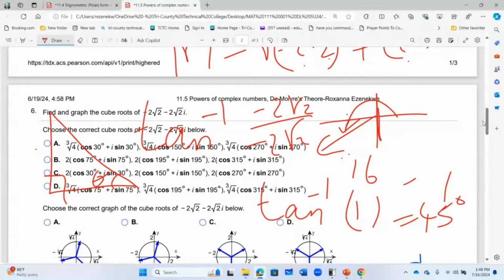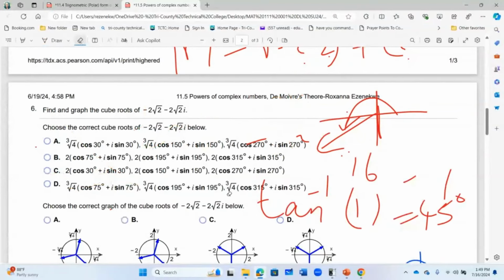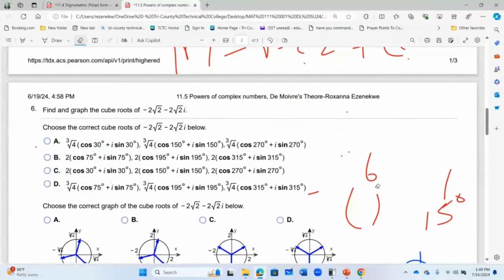So the first angle there is 225 degrees. So I can write r is 4, at 225 degrees, is the first one.